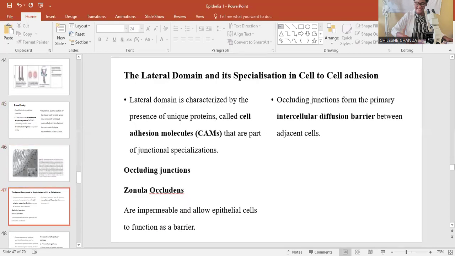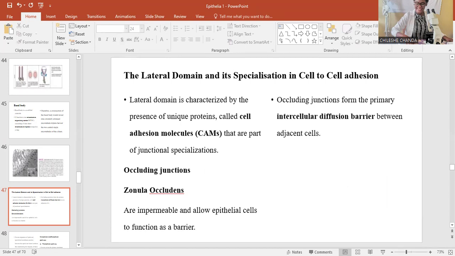Now, the other parts that you would be interested in knowing would be the lateral domain. The lateral domain of the cells. Remember, we have the top part, we have the bottom part, but then we also have the sides of these cells. Remember, we said that they are closely opposed, meaning they are held together.